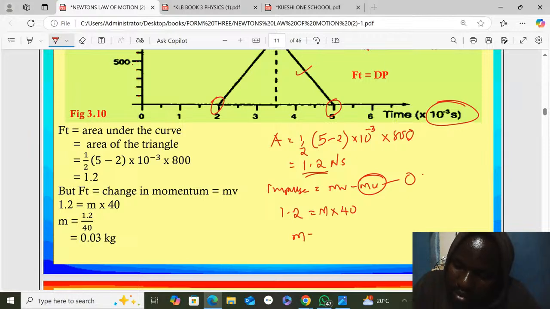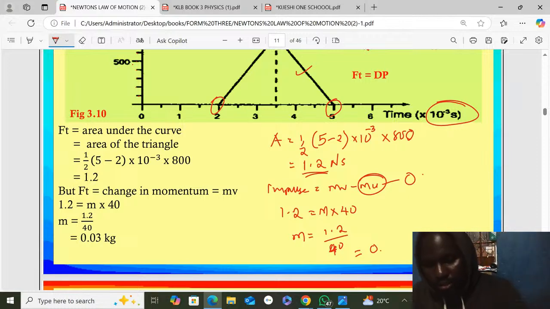Therefore, our m is 1.2 divided by 40, and we arrive at 0.03 kilograms.